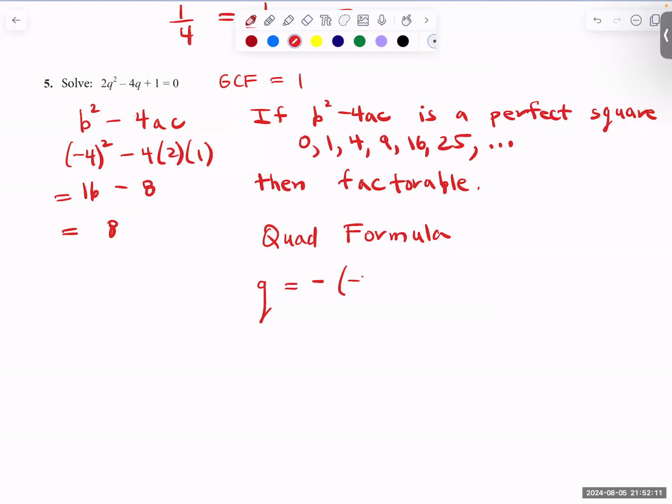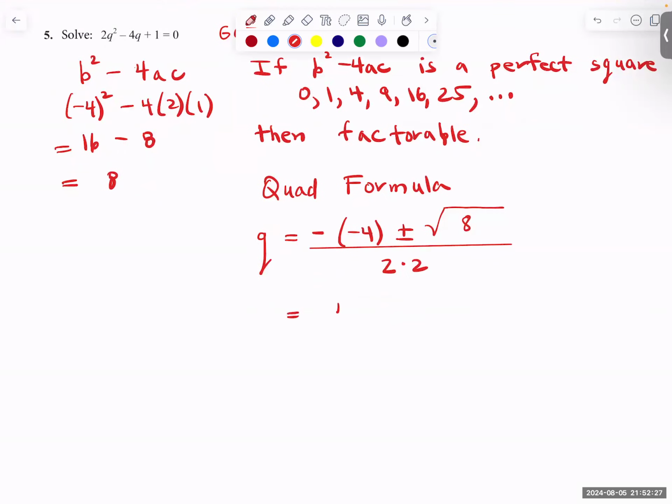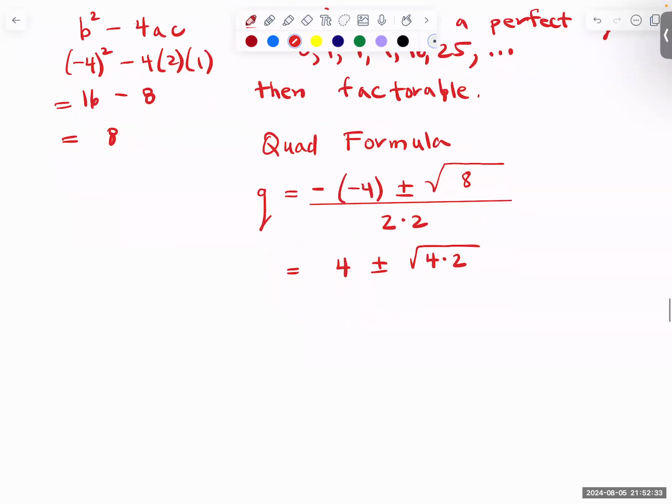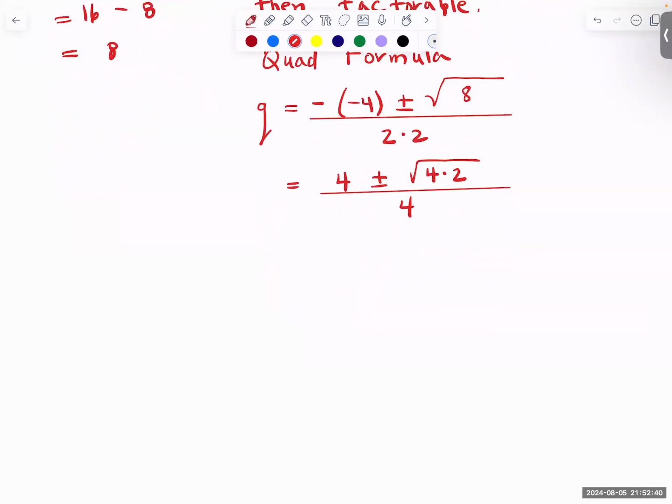So it's negative 4 plus or minus the principal square root of the discriminant, b squared minus 4ac, which we already computed, is 8, all divided by 2 times a, 2 times 2. So that's positive 4 plus or minus. 8 contains 4 as a perfect square that we can square root, divided by 4. Do not divide and cancel 4 here.